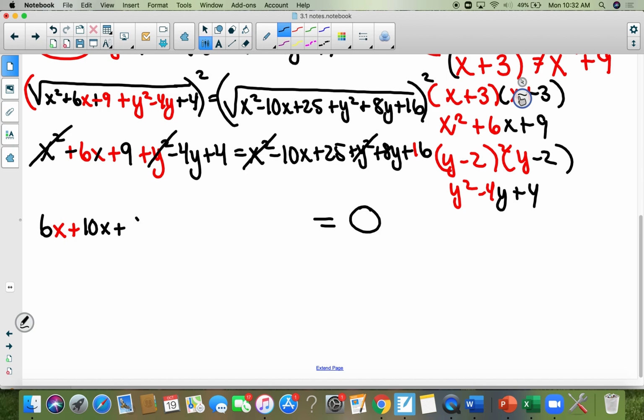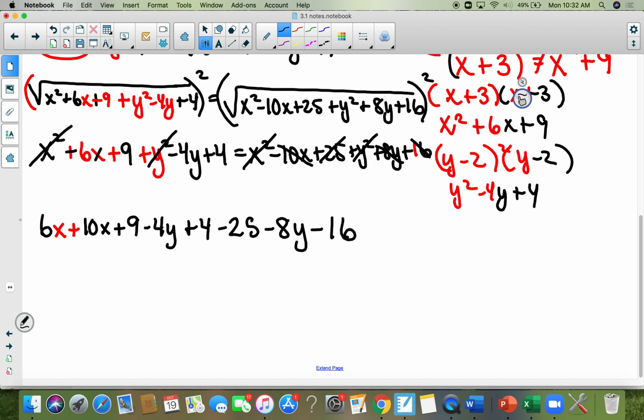My 9 stays 9, my negative 4y stays negative 4y, my plus 4. The only thing I brought over was a negative 10x. I still need to bring over the 25. I still have to bring over the 8y. And I also need to bring over the negative 16. So I brought everything over to one side of my problem.